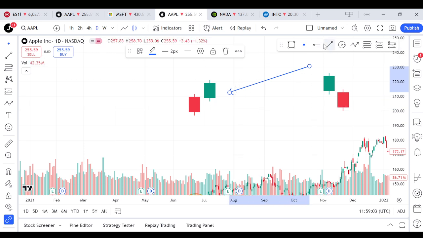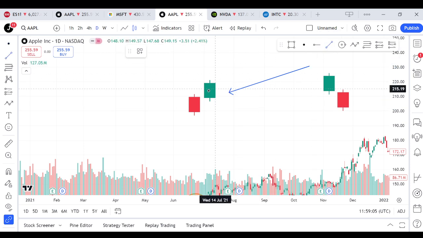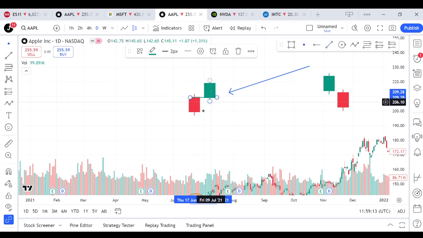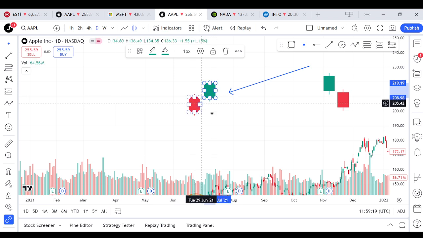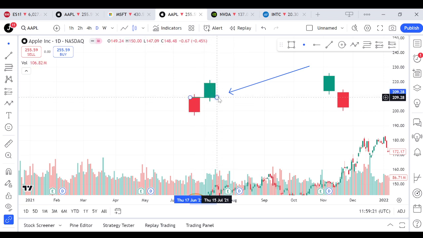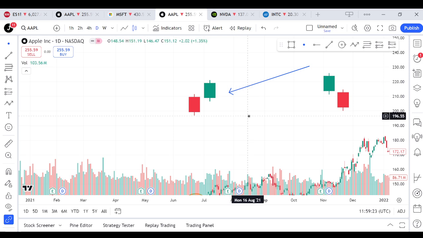It may not be exactly, but it should be close to the same level as the first candle's open, but it should move higher, closing above the first candle's high. So that is how we should identify the bullish separating lines.